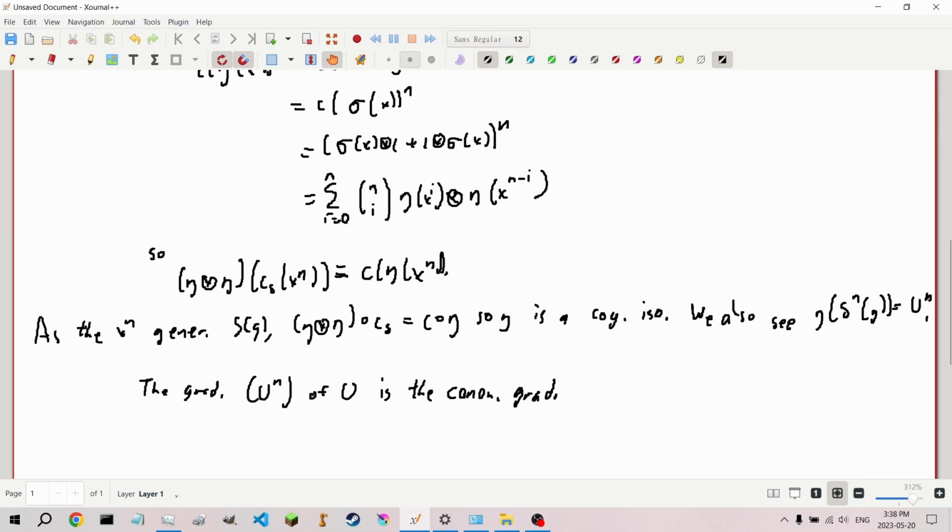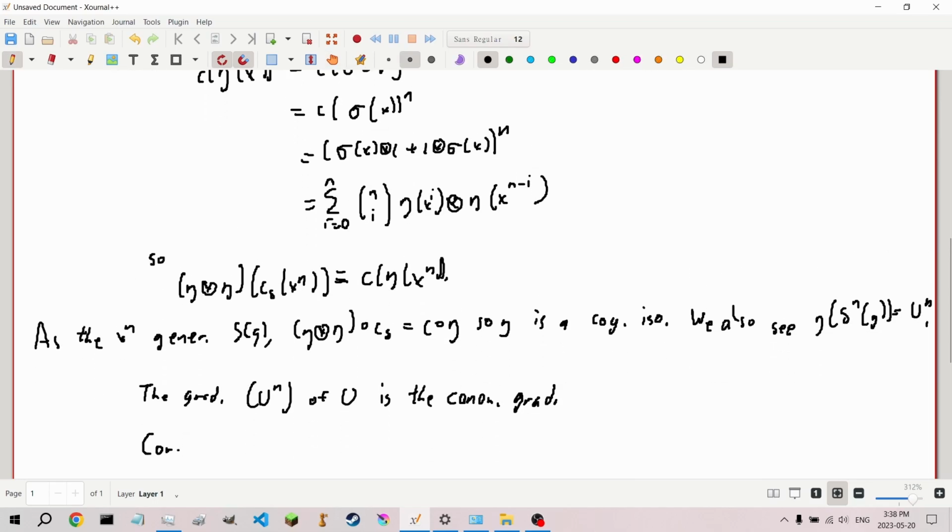This comes with a corollary. The canonical mapping sigma defines an isomorphism of G onto the Lie algebra of primitive elements of the universal algebra.